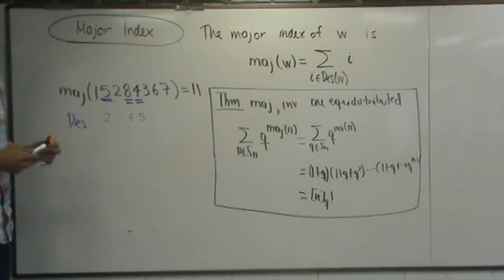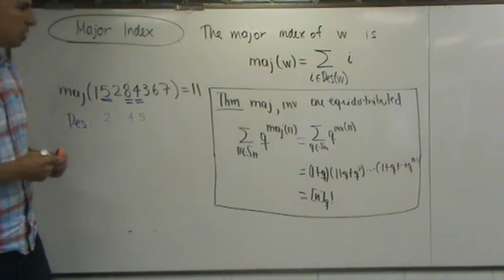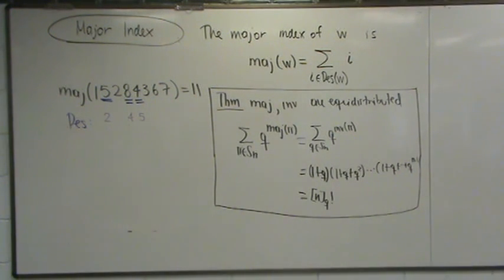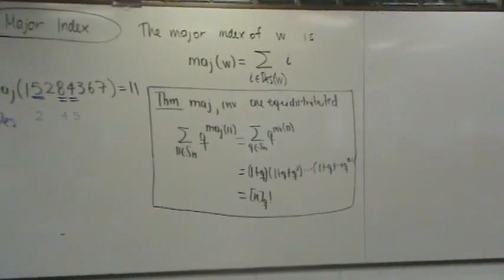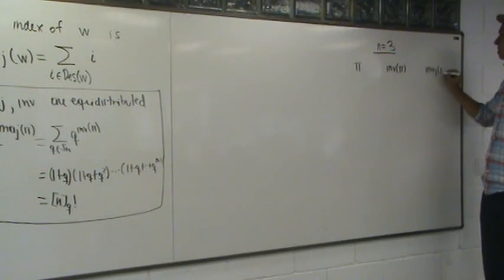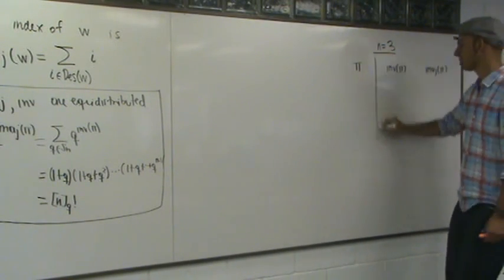So this is the result, and again, I think it's worth it to do this for n equals 3. So there's the permutations. I realize now that I keep switching between pi and w. So anyway, it's the same thing. So pi, then the inversions of pi, and the major index of pi. So that we can see this in action.